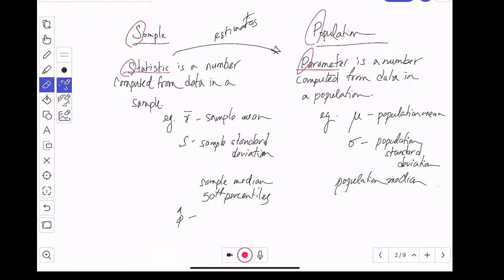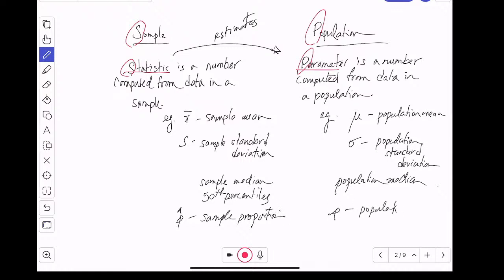So the sample proportion estimates the population proportion. And these symbols are also rather standard. I put a hat on the sample one to indicate it's different from the true one. Okay?